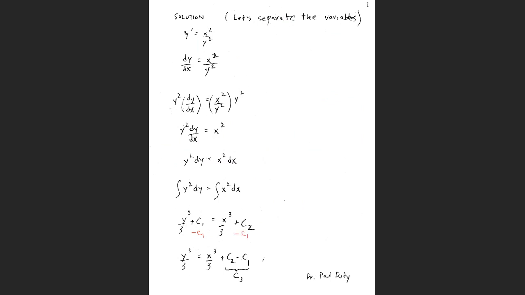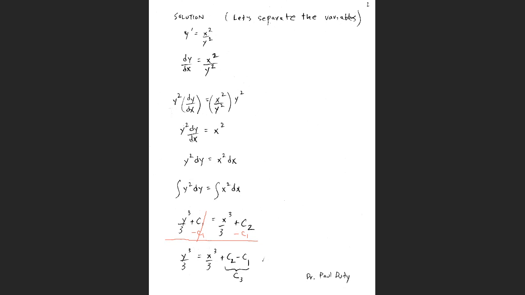And this will get to Nell's question. I'm going to subtract those constants, and what's going to happen is you're going to get cancellation here. And on the right side, you're going to get x cubed over 3 plus c2 minus c1.